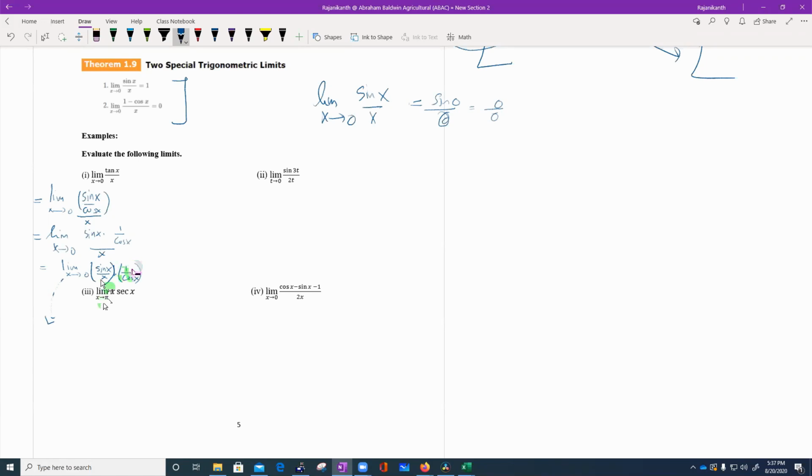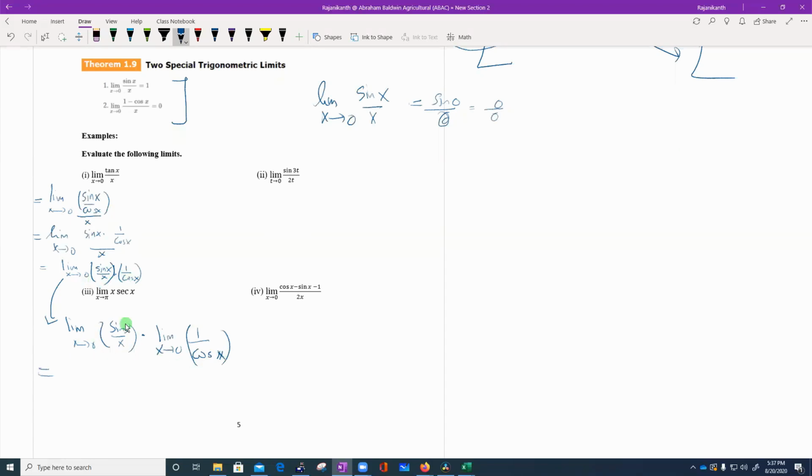I don't have space. So the limit of sine x over x times 1 over cosine x when x goes to 0 can be written by splitting the limit into two pieces like this. You can do that for a product, for a plus sign, or for a minus sign. Now you can find the limit for these two separately.